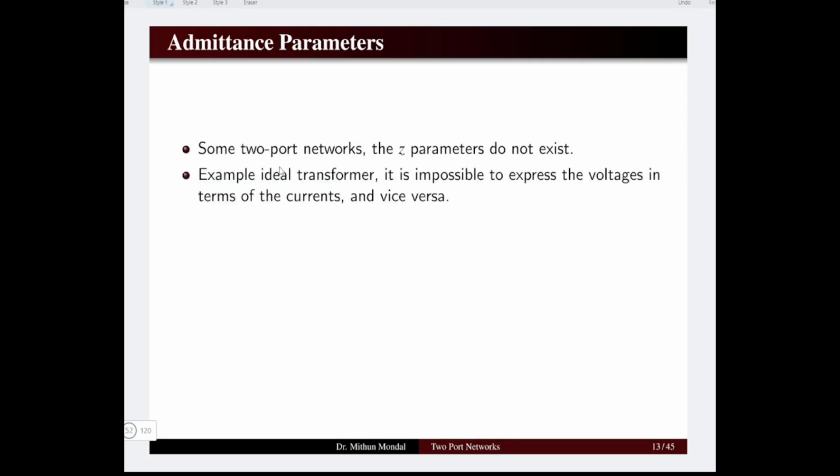We have taken the example of an ideal transformer, and it was explained that the Z parameters of an ideal transformer do not exist because it is impossible to express the voltages in terms of the currents and vice versa.